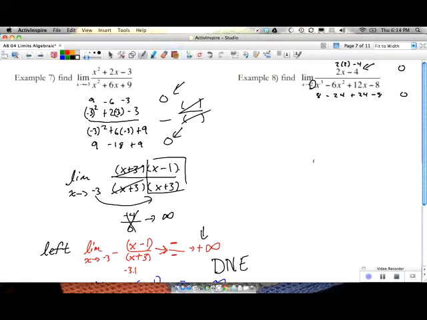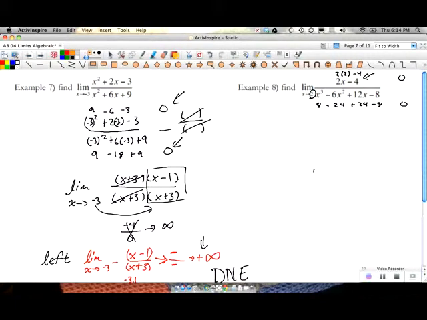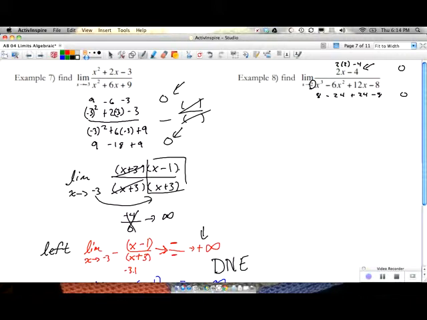Oh, looks like we got a straggler here. Let's cover it up. This piece, boom, gone. All right, so we got to factor this. I noticed that on top that I would have the limit as x approaches 2. On top I can pull out a 2 and have x minus 2 left over.